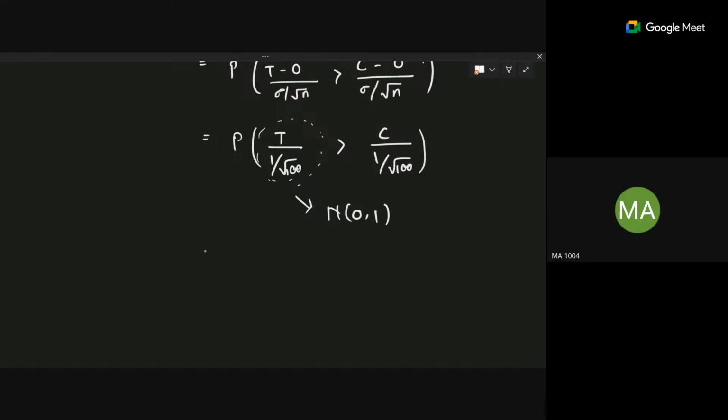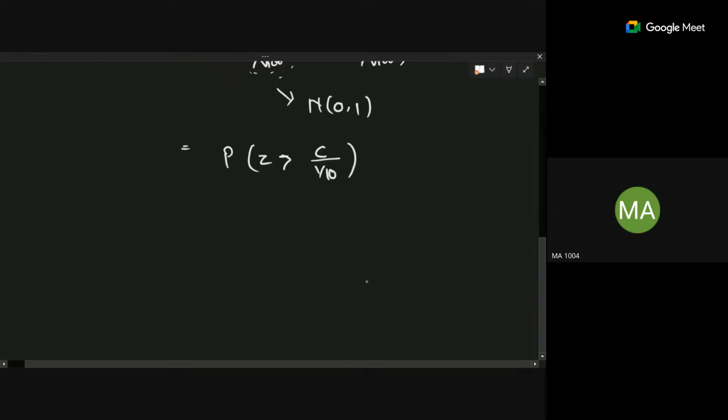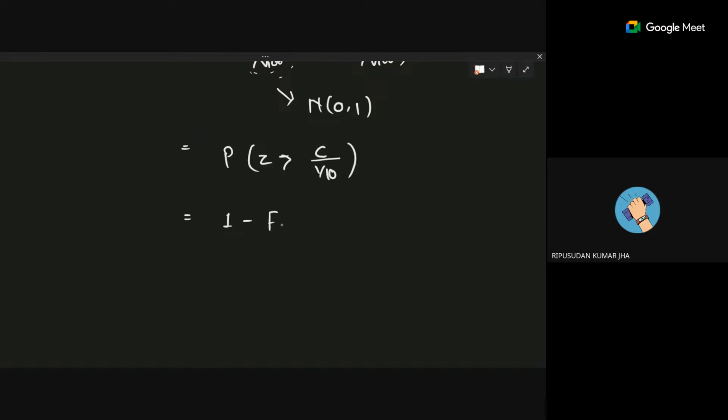That is the probability of Z greater than c upon 1 by 10. Once we solve it, we know the PDF: 1 minus Fz of 10c. So that is what was asked of us, the probability of type 1 error. That's it.